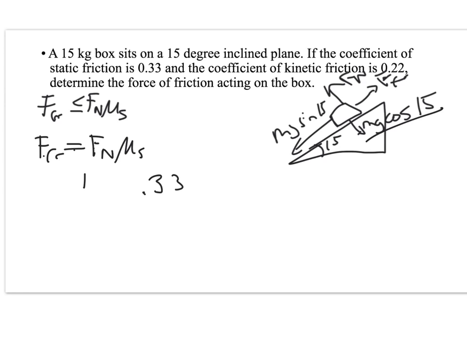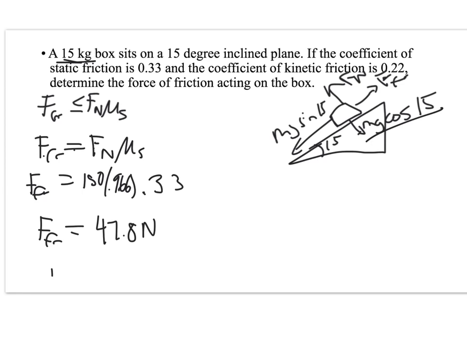So mg is going to be 150, a 15 kilogram box times 10 for the acceleration due to gravity, and the cosine of 15, I actually brought my calculator this time, is 0.966. So the maximum value for my force of static friction is going to be 150 times 0.966 times 0.33. I'm getting a value of 47.8 newtons.